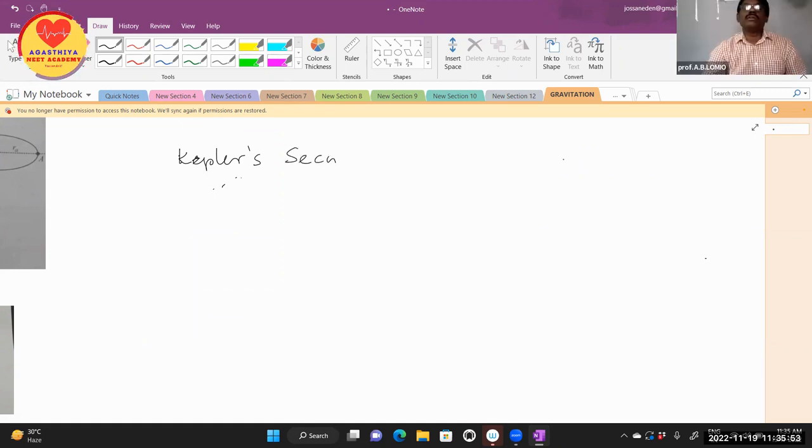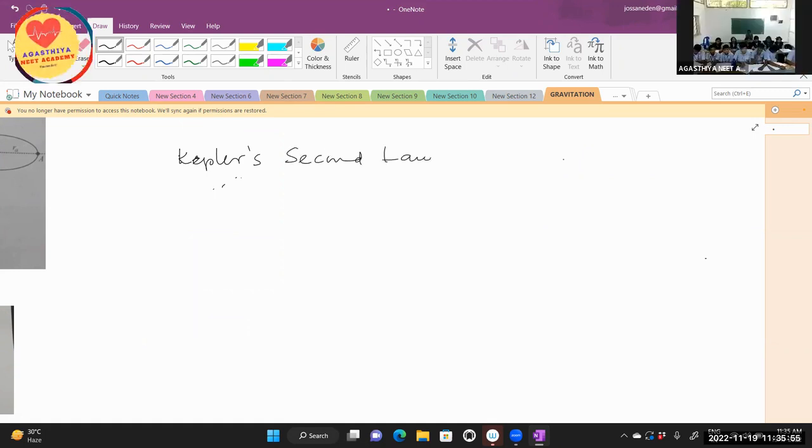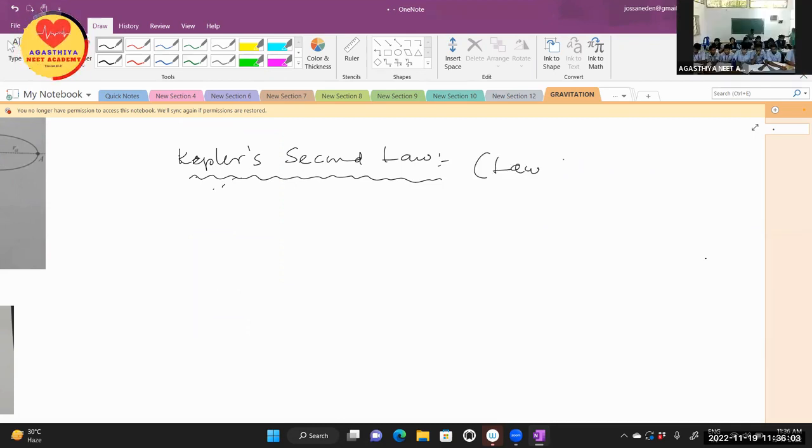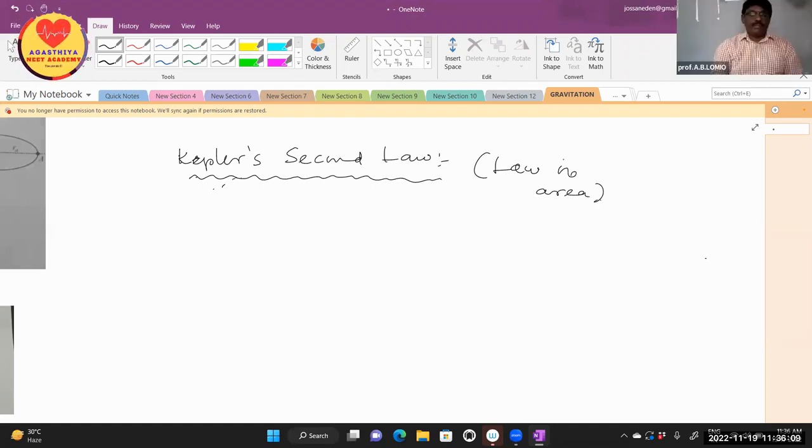Kepler's second law. I will state Kepler's second law, explained as the law of area.